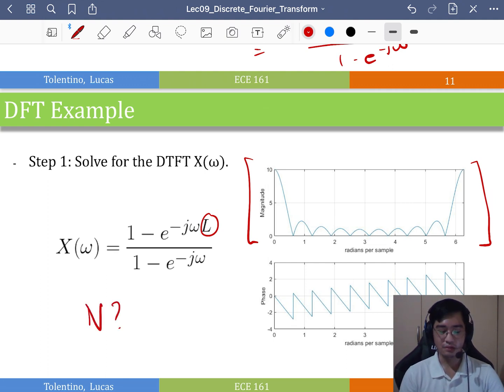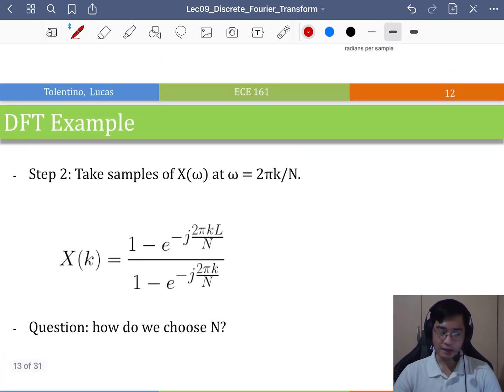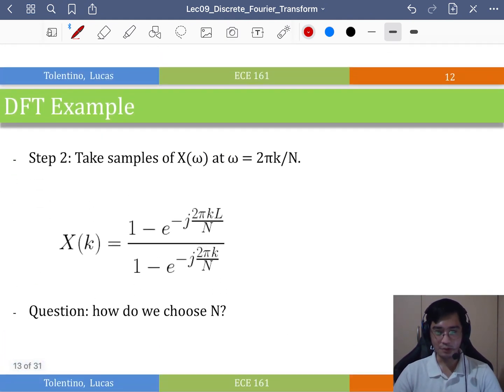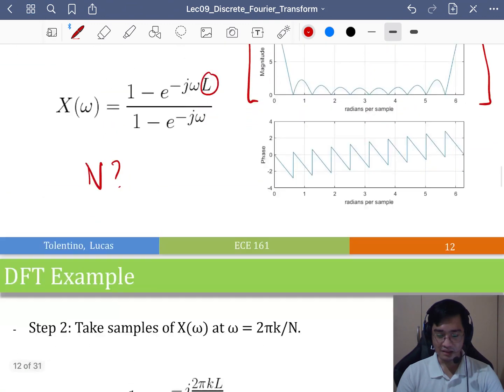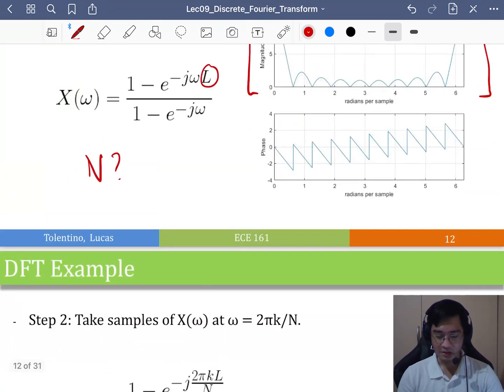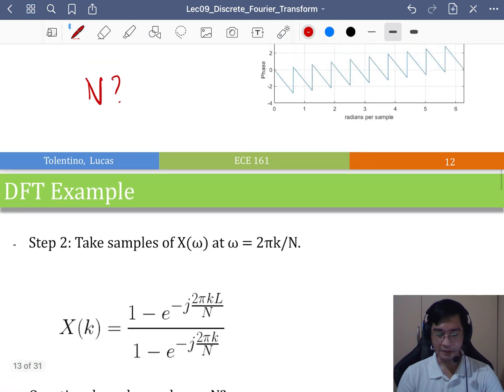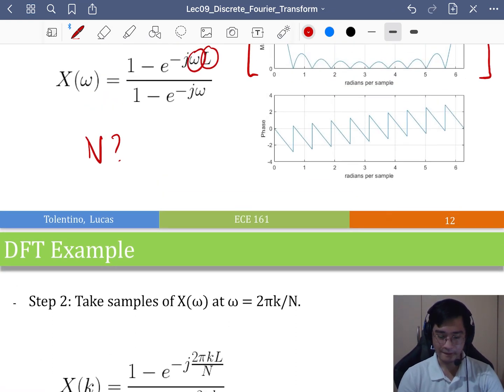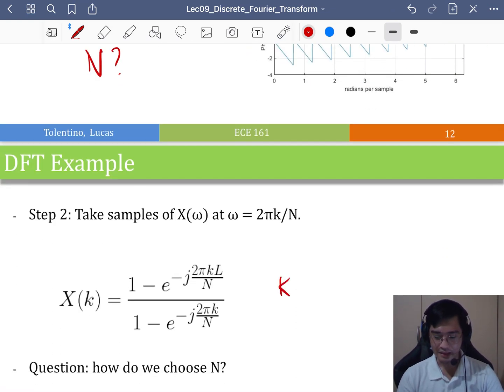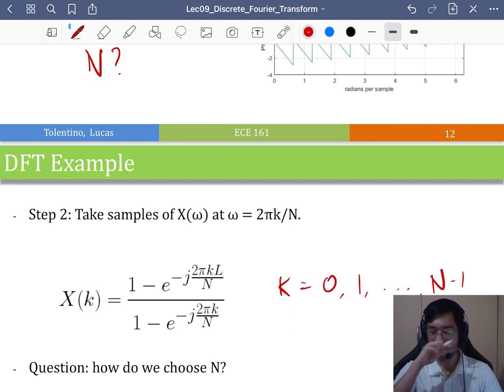What should be our choice of N, the number of samples to take from the continuous spectrum? If we choose N equal to 10, that's step 2: determine the samples of X of omega. In that case, we just substitute omega equal to 2 pi k over capital N, where k now is from 0 to N minus 1.